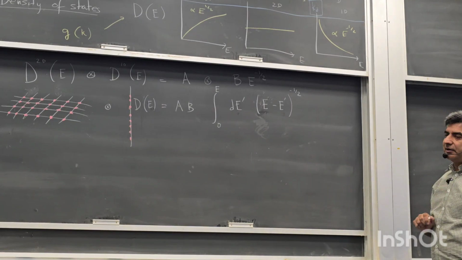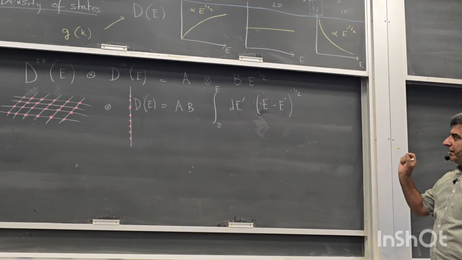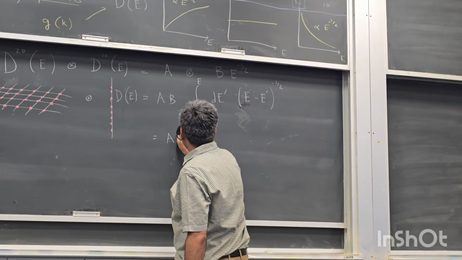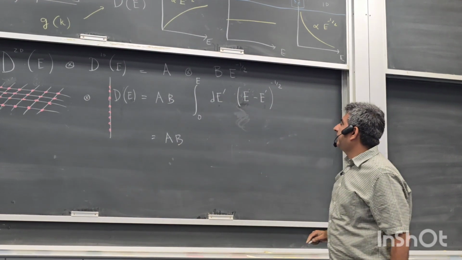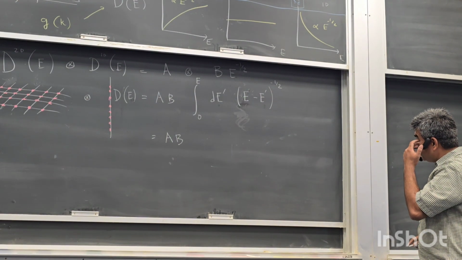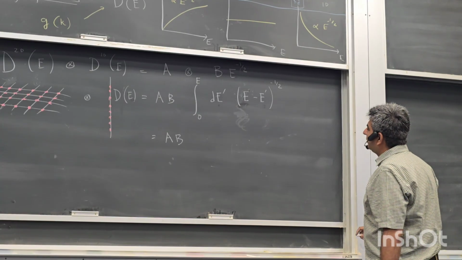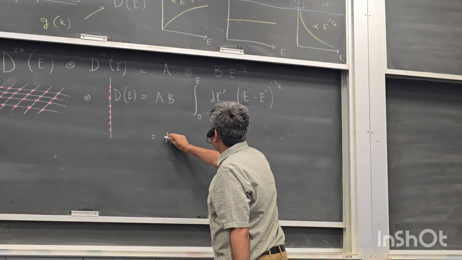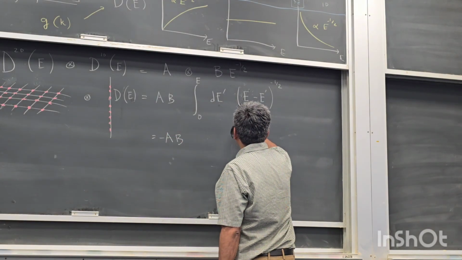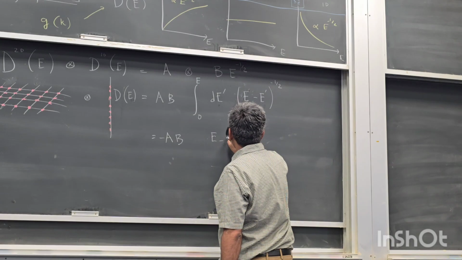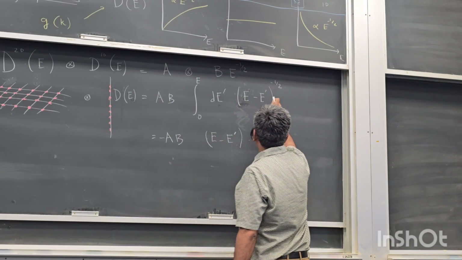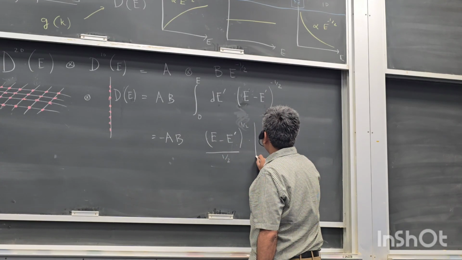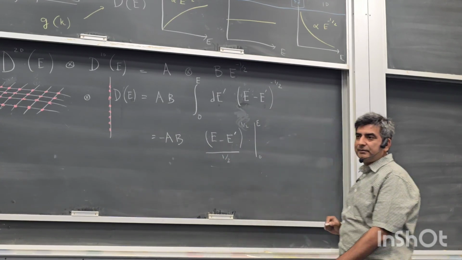So if I were to do this integral between a 1D and a 2D density of states function, let's see what the result is going to look like. AB. Now this is an integral E minus E prime. So what I could do is simply put a minus sign here, E minus E prime, minus half plus half becomes 1/2, 1/2, correct?